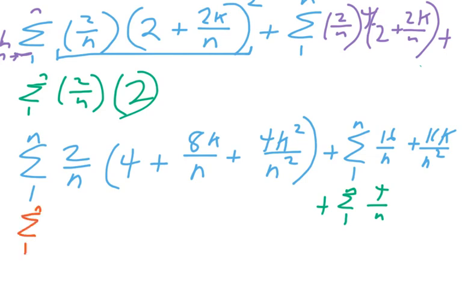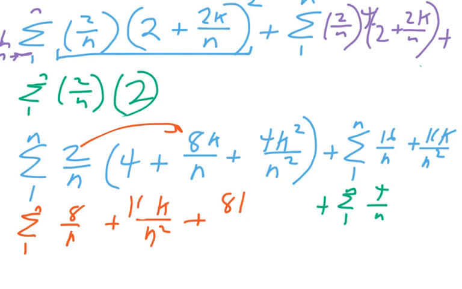From 1 to n of 8 over n plus 8k over n squared plus 8, I'm sorry, this should have been 16, because when we distribute the 2, that becomes 16k over n squared plus 8k squared over n squared.